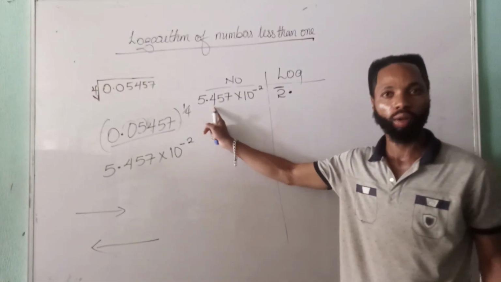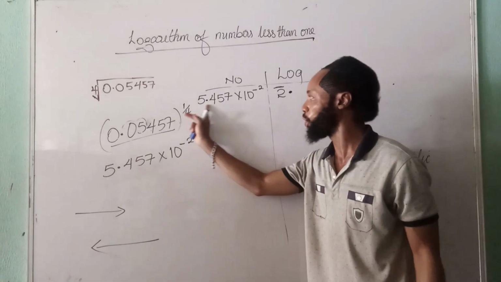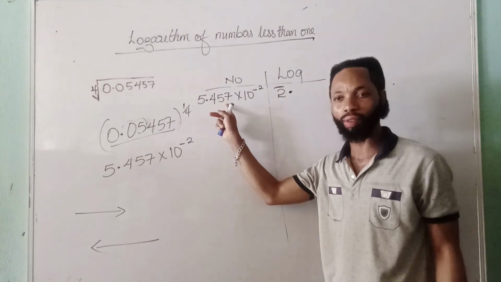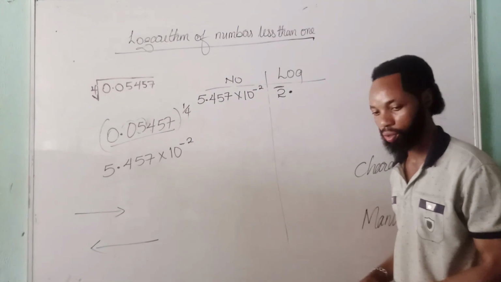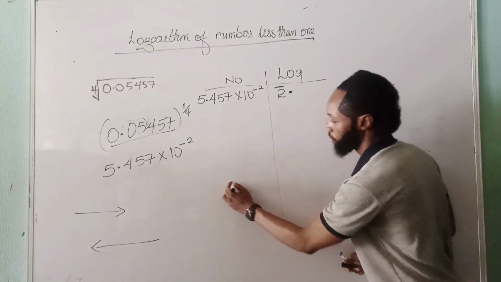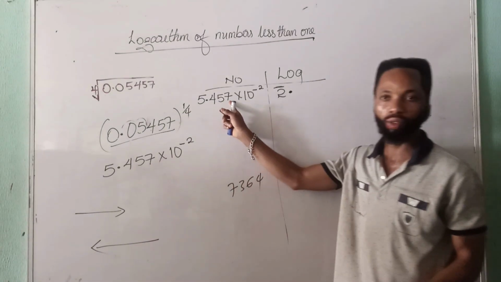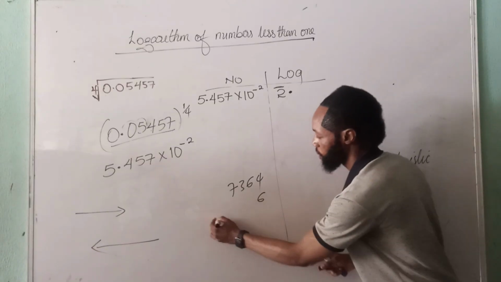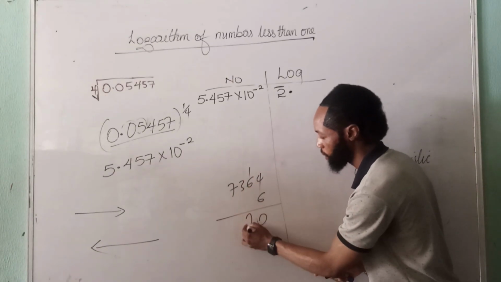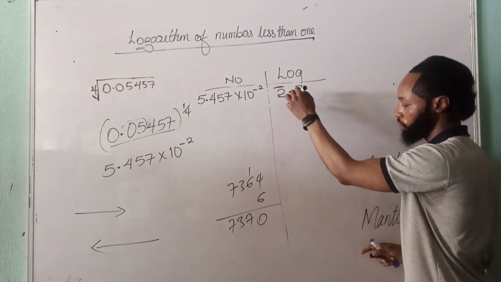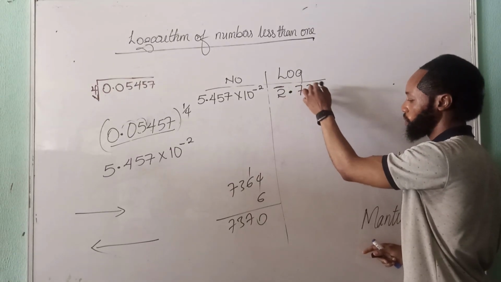Go to your log. When you go to your log, look for 54 under 5. Difference 7. 54 under 5 is 7364. Difference 7. So this is going to be 7370.